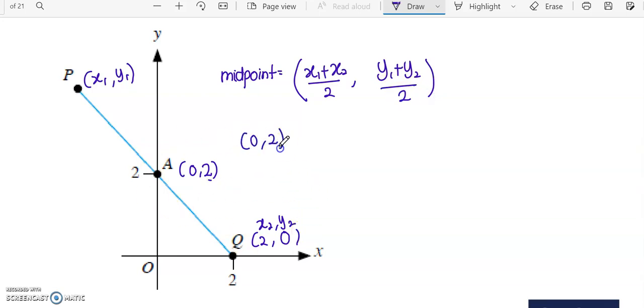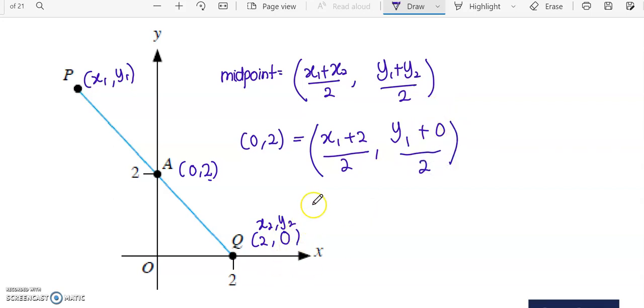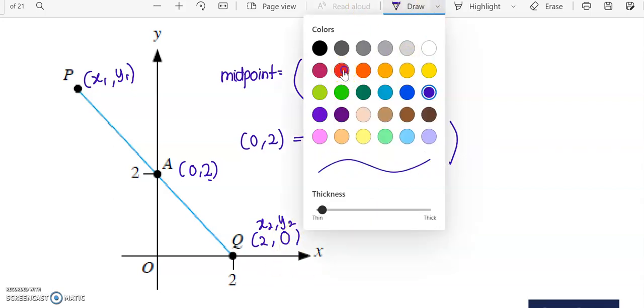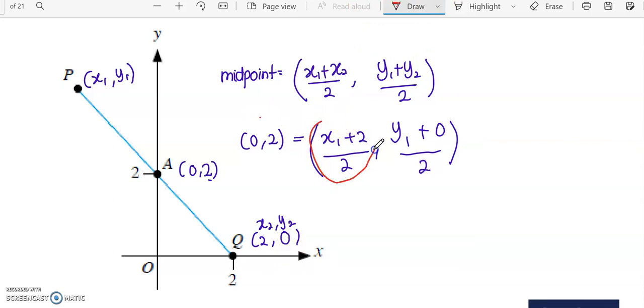We equate it with the x1 that we want to find, plus x2, divided by 2, and then the y1 that we don't know, which we want to find, plus 0, divided by 2. As I said earlier, this is the x coordinate of the midpoint, which is equal to 0, and this part is the y coordinate of the midpoint, which is equal to 2.